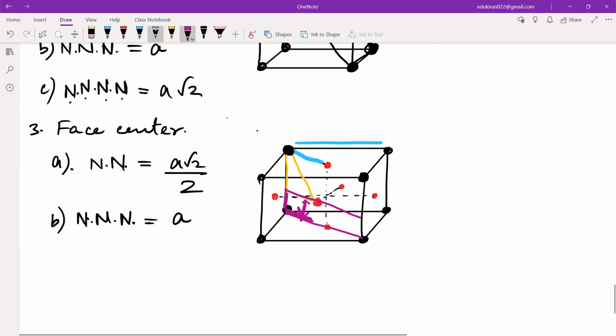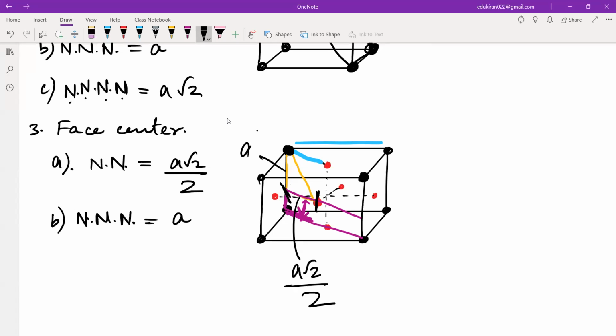Yes, sir. है ना? तो यहाँ पे देखिए, this is important, that this length from here to here is a root 2 by 2, that was the full face diagonal divided by 2. है ना? And this is what? This is a by 2, because we have taken just the half of the cell edge.